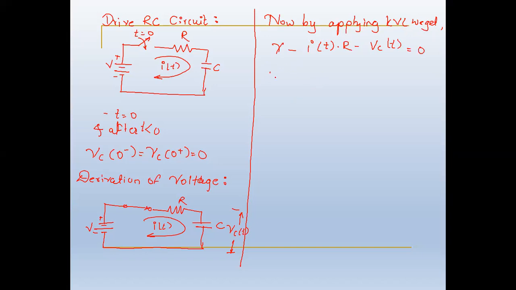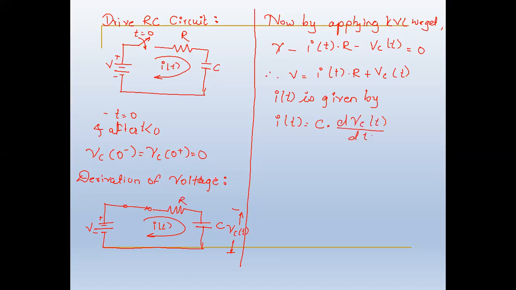That is, V is equal to I of t into R plus Vc of t. Here I of t is the current passing through the capacitor, and it is given by I of t is equal to C into dVc of t by dt.